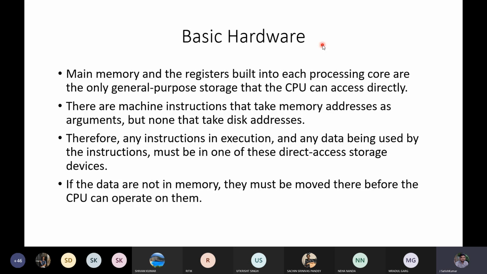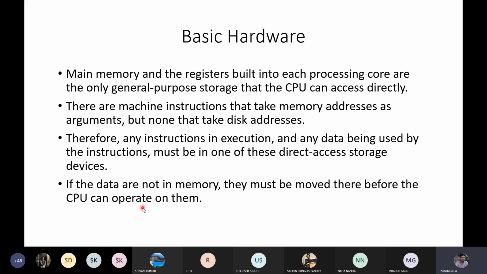The machine instructions take main memory addresses as arguments, but none take disk addresses. So any instructions in execution, or any data used in the instructions, should be stored in a direct access storage device. If data is not in memory, it must be moved before the processor can operate on it.